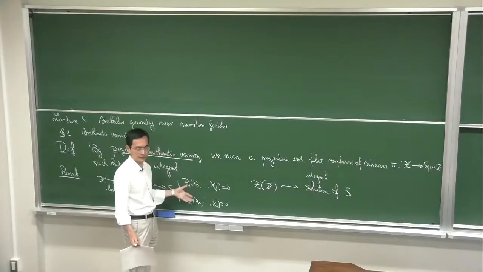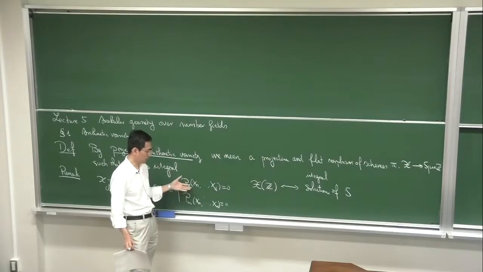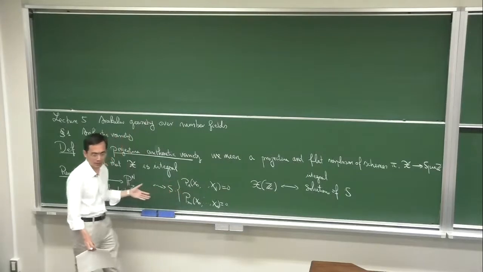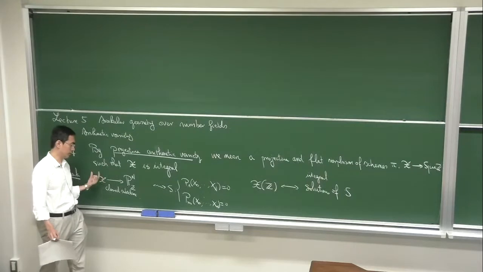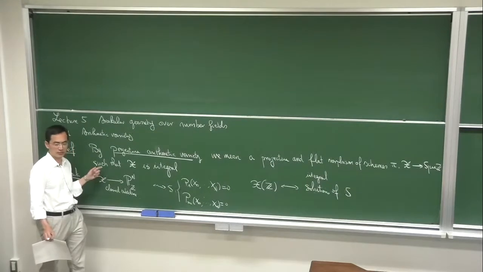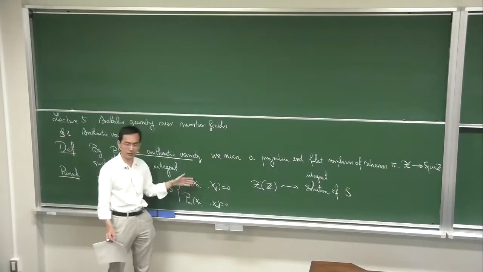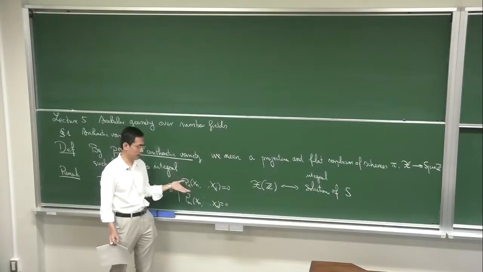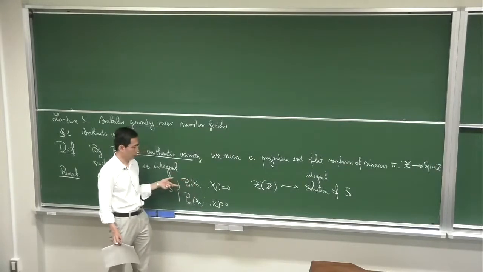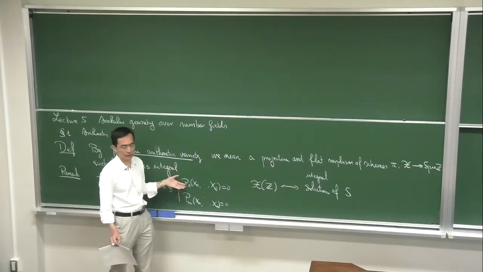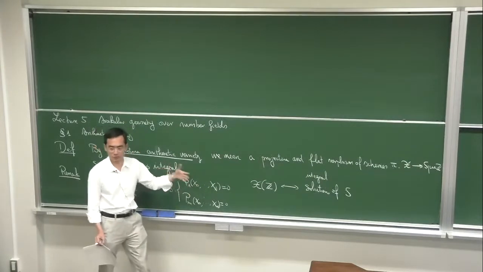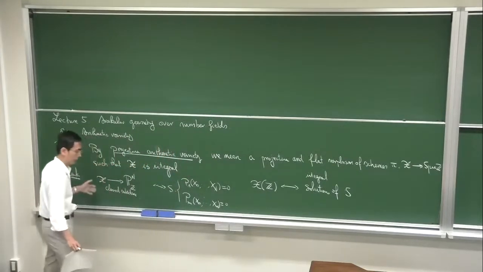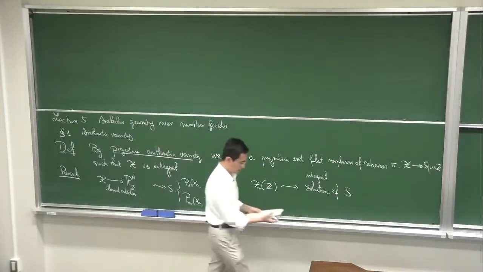From this point of view, it is difficult to describe the behavior of the solutions. But there are many conjectures saying that if you know some arithmetic invariants of X, they will determine the behavior. For example, whether there is an integral solution or not, whether the solution set is finite, or whether the solution set is dense for some topology, etc. All these conjectures are related to geometric invariants of the variety.